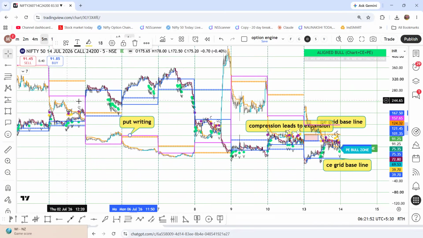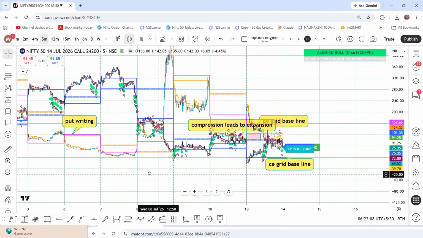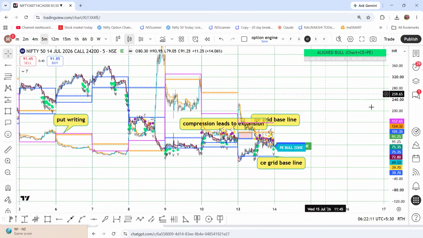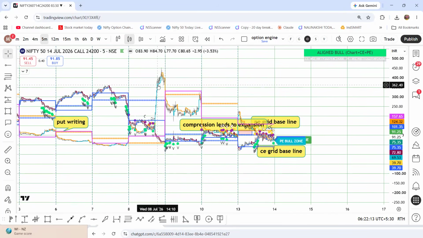Every time you see the convergence, compression, expansion, and here both the premiums did not come together, but the pivot compression you are seeing over here and the expansion, and whenever the expansion is out of the way, it starts compressing, expansion coming to compression, and then expansion, same thing.